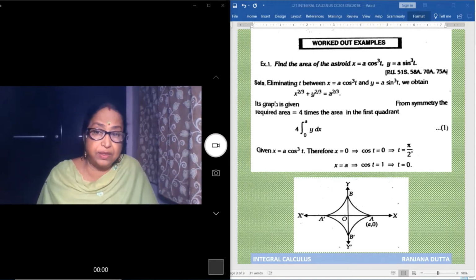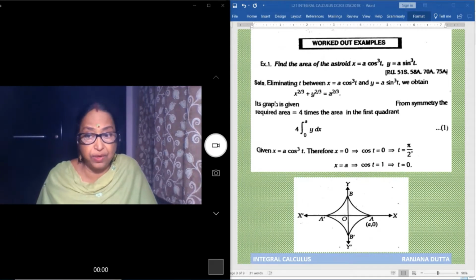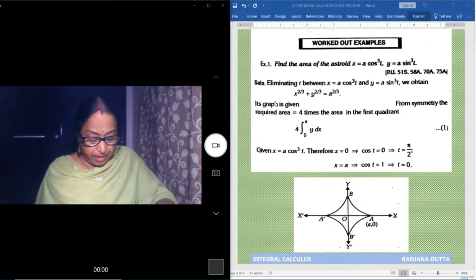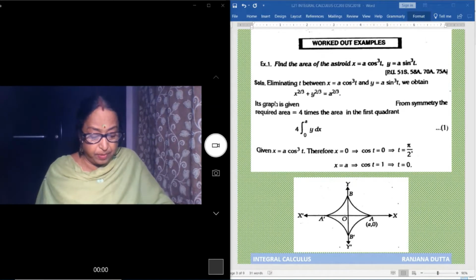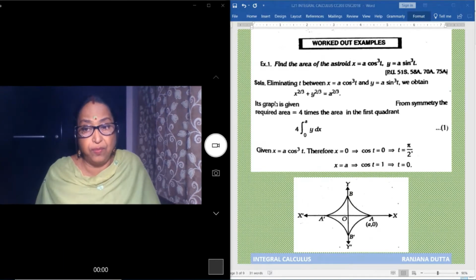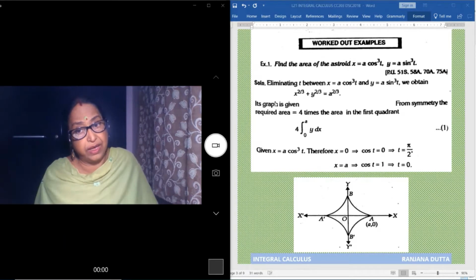So area is y into dx. Here the limit of x is from 0 to a. So y into dx, and 4 times, because as you can see, we can obtain 4 similar areas.